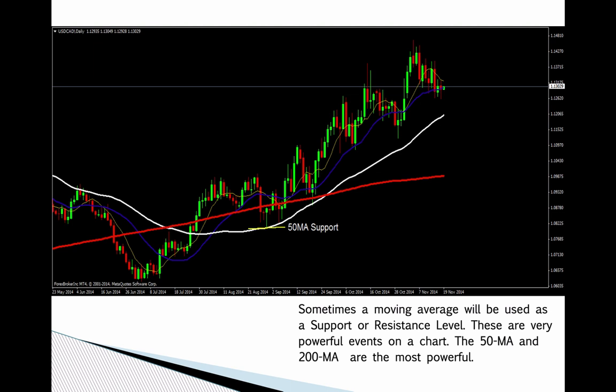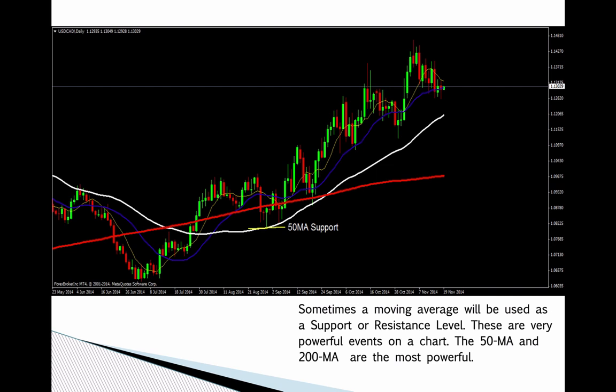Dollar CAD dailies, right? So again, the moving averages are another critical component that can be utilized for support or resistance. It's not always going to be a price location or a previous candlestick consolidated area. It may just be the MAs that are used. So in this particular example with dollar CAD, we're seeing that price pulled into the 50 MA.